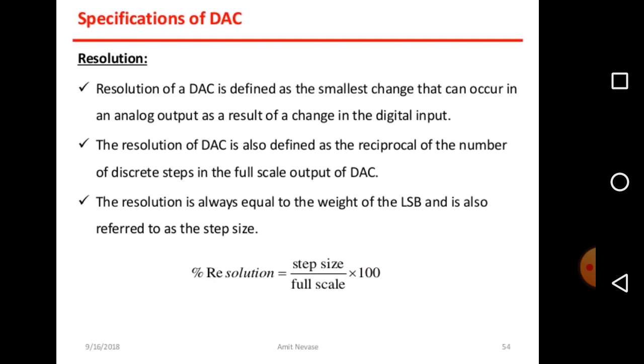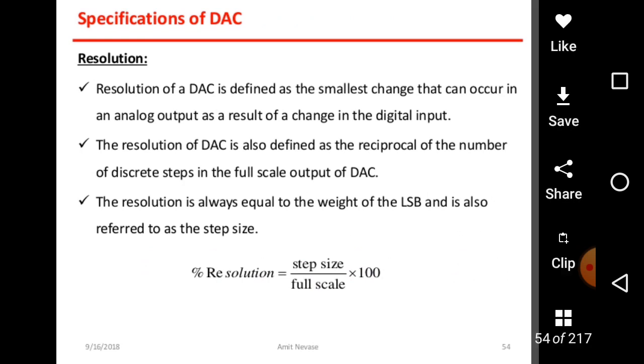Then the specifications of DAC. What are the specifications? We will see. First one is the resolution of DAC. Resolution of a DAC is defined as the smallest change that can occur in an analog output as a result of a change in the digital input.